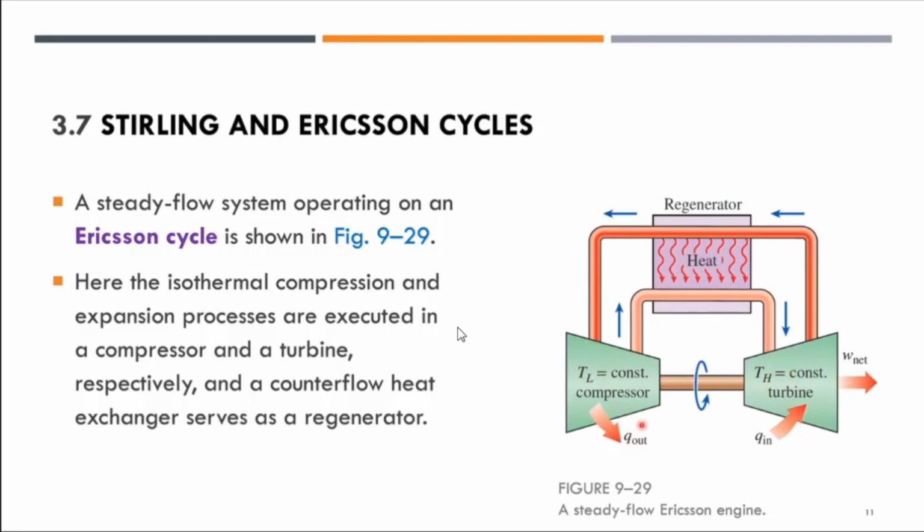The heat is being expelled and generated into the system at the isothermal compression, at the same temperature. And counterflow heat exchangers serve as a regenerator in this particular system, where the counterflow heat supplies the system at the same temperature.